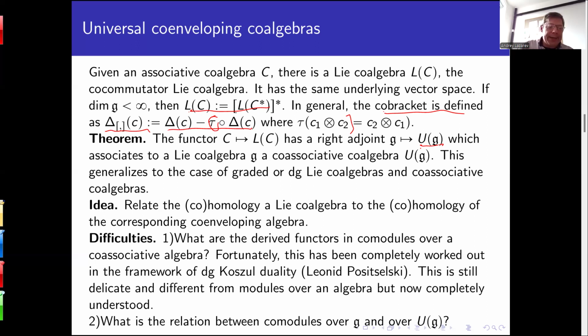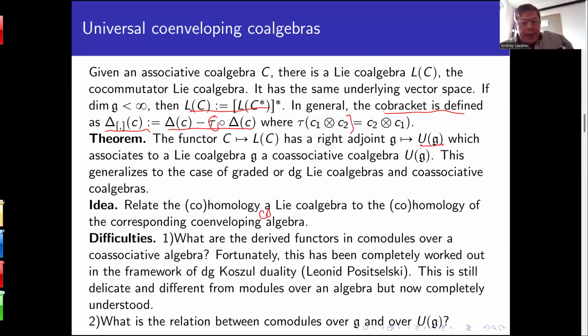For now, it suffices for my purposes to assume that such a functor simply exists. And then the idea is to relate the cohomology of a Lie coalgebra, the Chevalley and Eilenberg cohomology, to the cohomology of the corresponding enveloping coalgebra.